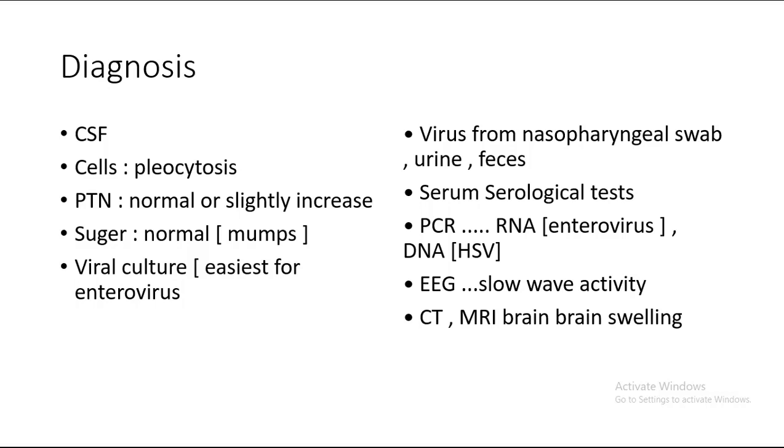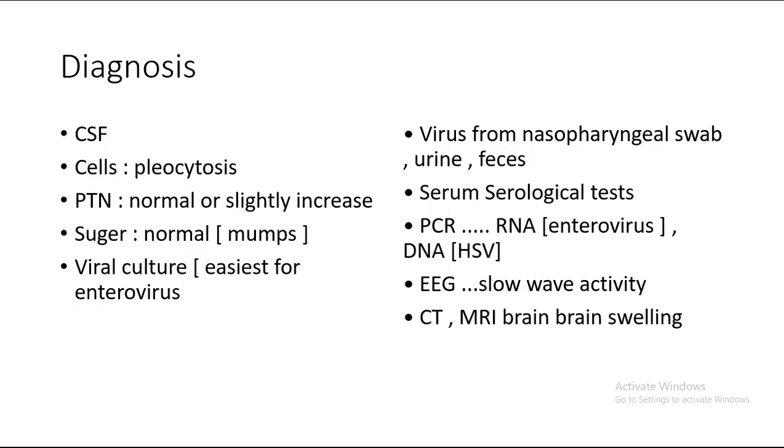This is very important. If you consider performing lumbar puncture, you have to search for contraindications. If there is one contraindication, you have to postpone LP, lumbar puncture. Cells show pleocytosis, protein can be normal or slightly increased.